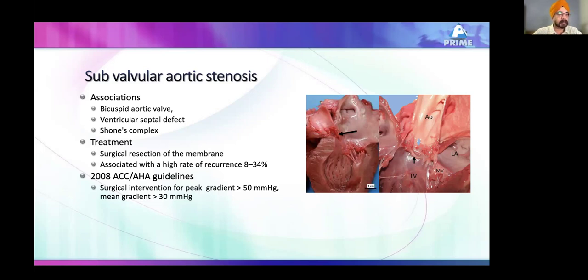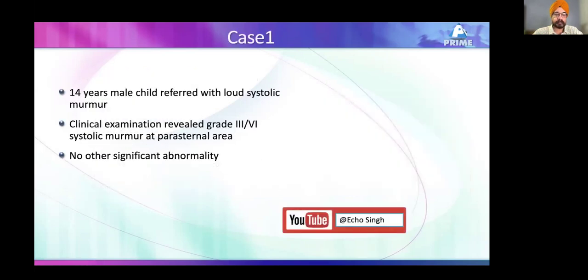The reason being, the subaortic stenosis is actually going to damage the aortic valve, because the jet from the subaortic membrane is hitting and damaging the aortic valve. I would show you the Shone complex also in one case.